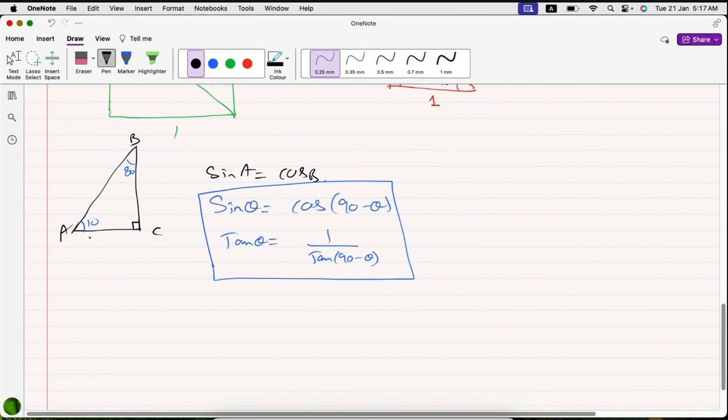Those are the angles. I could say that sine 10 is equal to cos 80. Yes, the sum needs to be 90 degrees. And tan 10 equals 1 over tan 80.